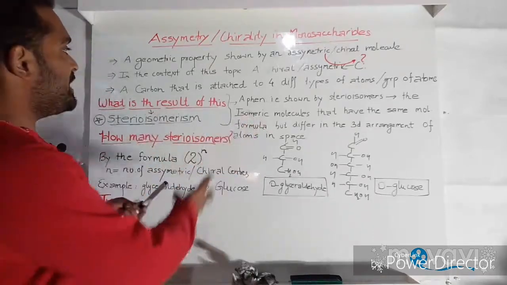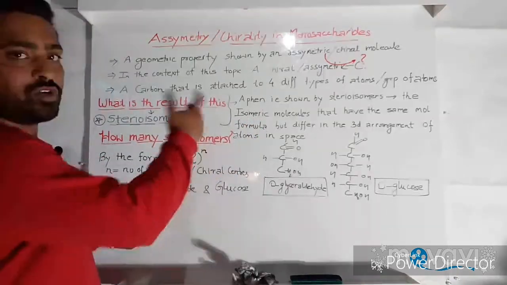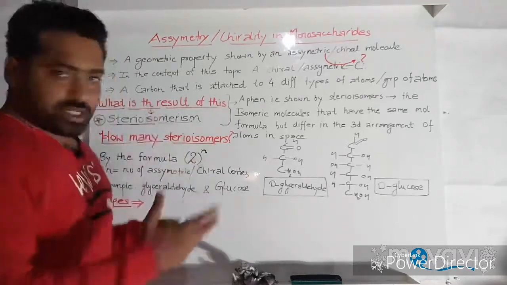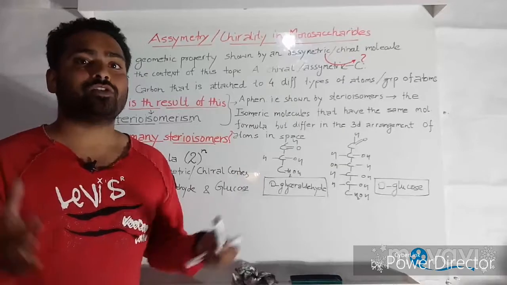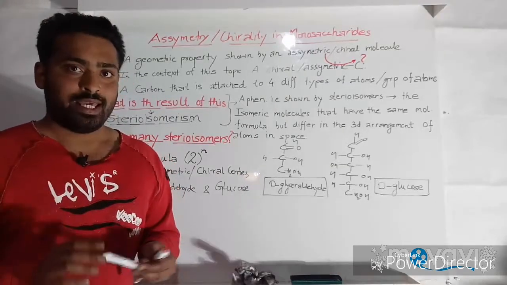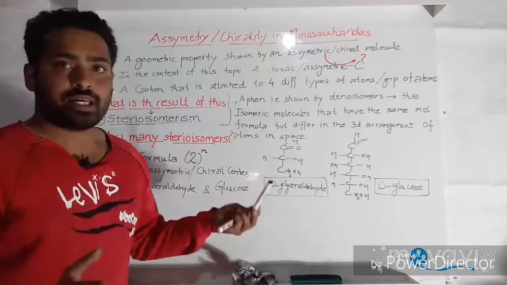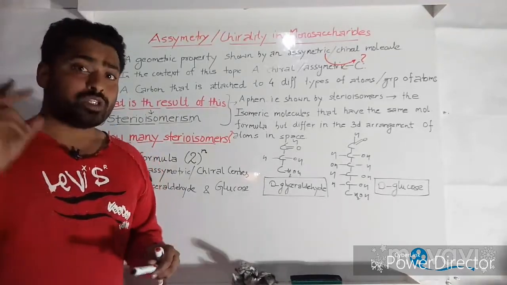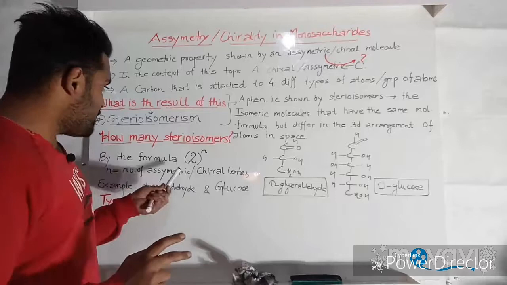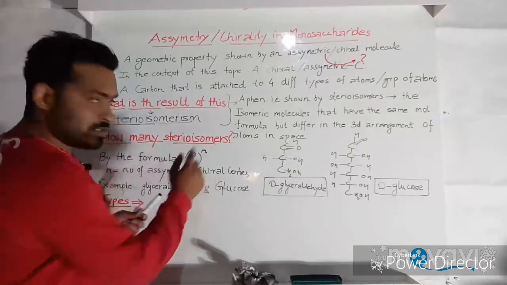Now we know what stereoisomerism is, which is the result of this chirality. The question arises: how many stereoisomers can we have in a compound which is a monosaccharide? That can be calculated using this formula, which is very easy.